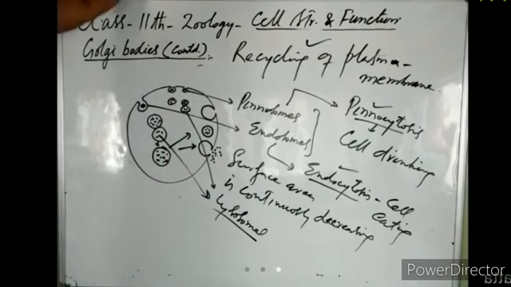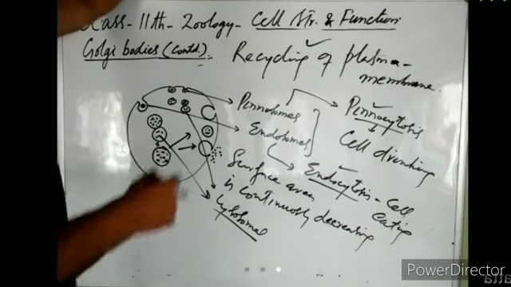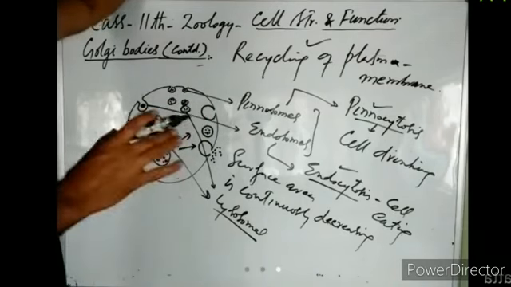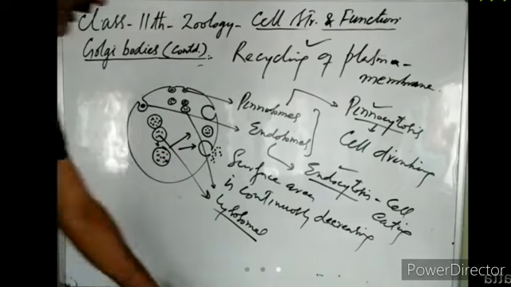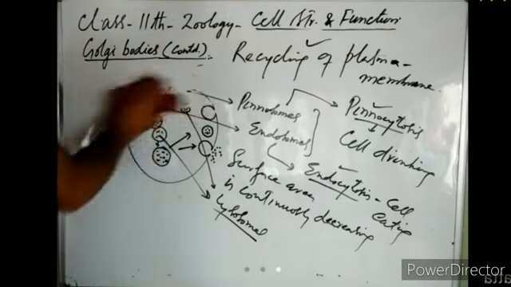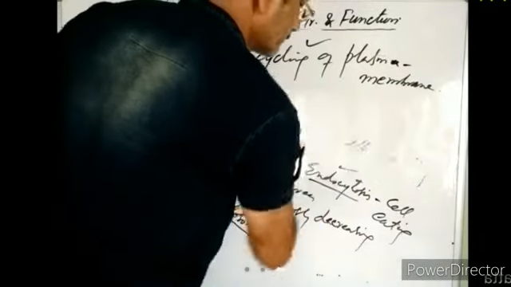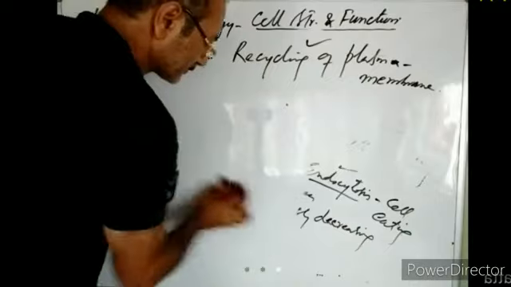So in this way, the overall size of the cell, the overall surface area of the cell, remains constant, right? So this is known as recycling of plasma membrane and it involves the Golgi body. This is another function of a Golgi body. In addition to this recycling of plasma membrane, the Golgi body is also involved in formation of the cell plate.